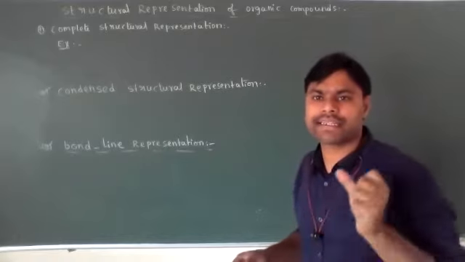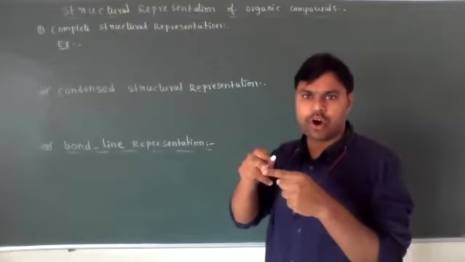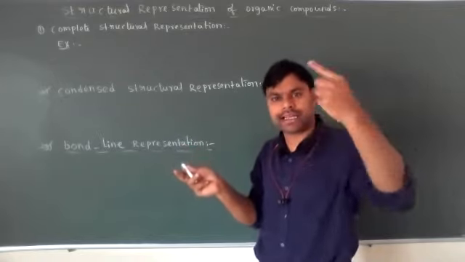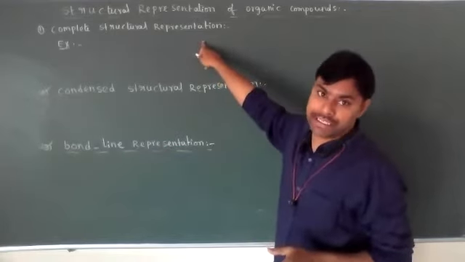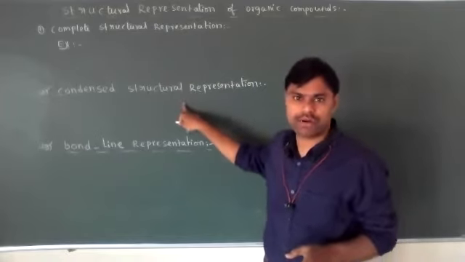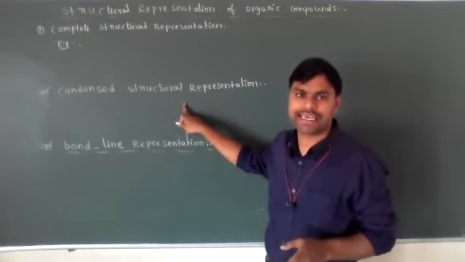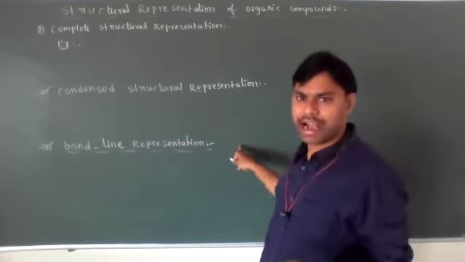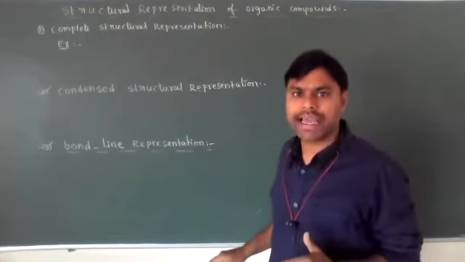Mainly we have to write the connectivity of carbon atoms: carbon is bonded with other carbons, and carbon is bonded with hydrogen atoms or other atoms. How they are connected, everything we have to represent. But in condensed form, no need to represent the carbon and hydrogen bonds. Simply, carbon bonded with hydrogen atoms, we can write CH. Bond line does not represent any carbons or hydrogens, just lines only.